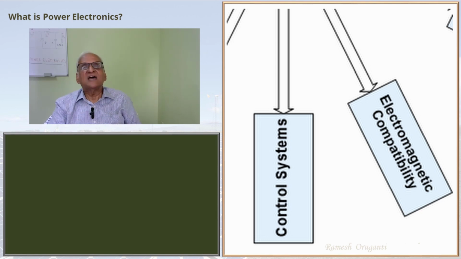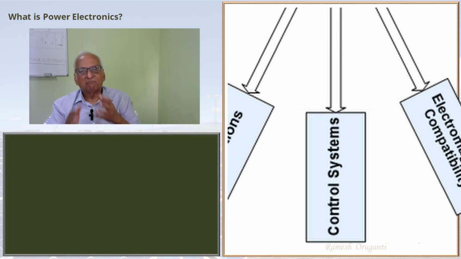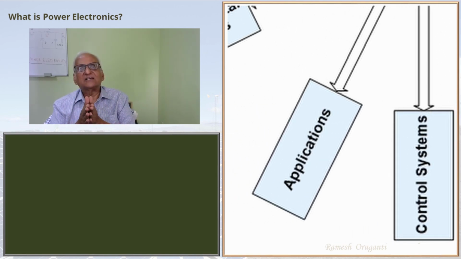Next I have mentioned applications. Power electronics is always designed for an application. It is applied in various areas, from a battery charger to a steel mill, a steel cold rolling mill. Everywhere you will find that power electronics is applied.